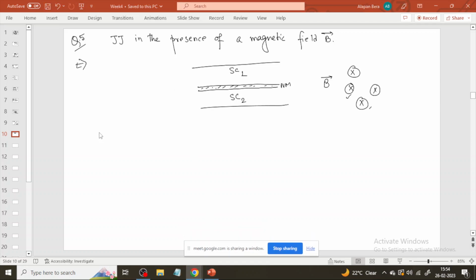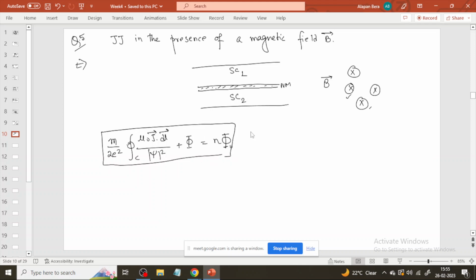Now we'll start from the Ginzburg-Landau theory, where we had derived in the previous session that from the second GL equation we can reach this equation that is given by this. We had derived this equation already in the earlier discussion session.